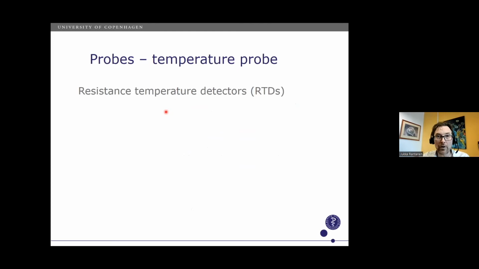And whenever you decide to pick up a process analytical tool, it's important to think about the physics of the measurements. Here we can use a simple temperature measurement as an example. We often talk about probes. For example, a temperature probe is something that you use for measuring temperature from moving material. A commonly used solution is a resistance temperature detector.